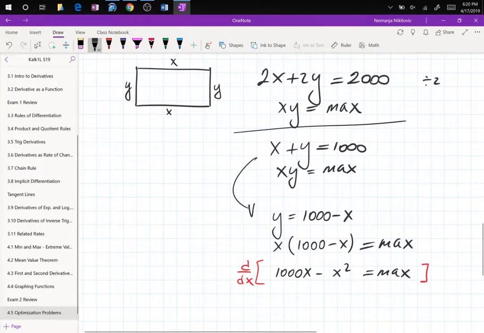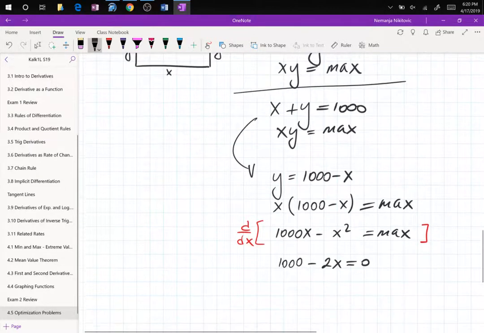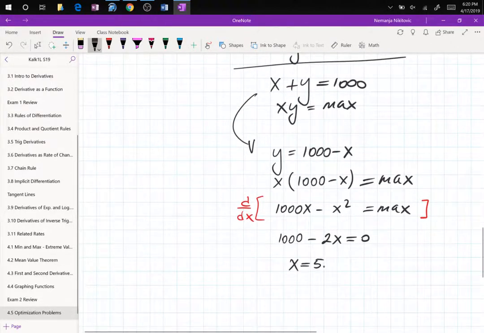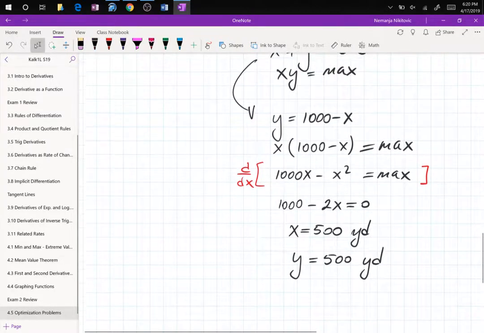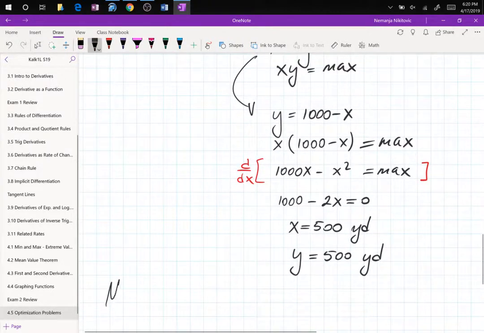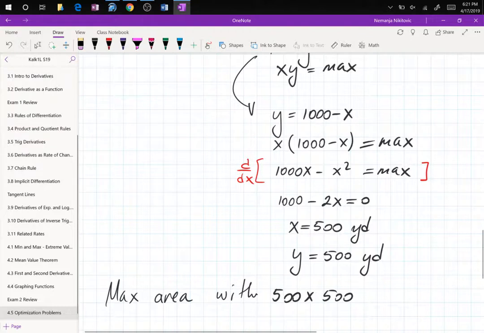So that's going to be 1000 minus 2x equals 0. X equals 500 yard. And then y will also be 500 yard when you subtract from 1000. So max area with 500 by 500 yard dimensions.